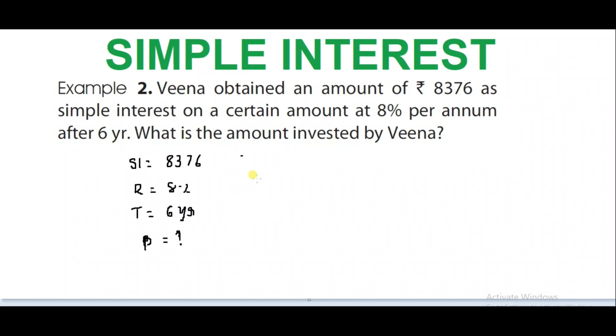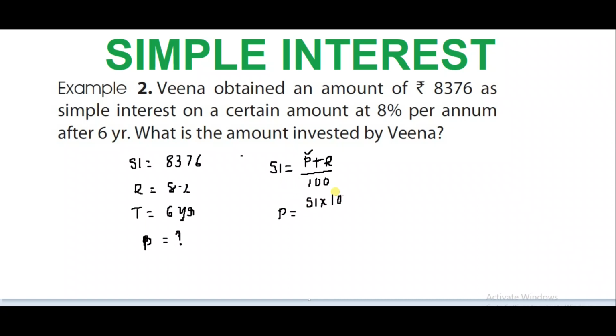So first write given formula. What is formula of simple interest? SI equal to PTR by 100. We need to find out the value of P, principal invested amount. So P equal to, send 100 to this side. It will become multiplication.